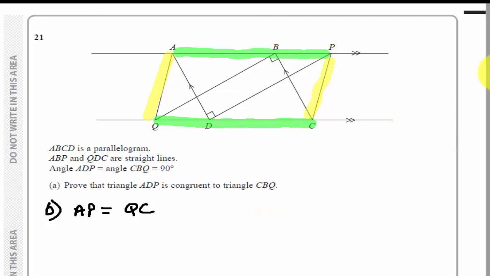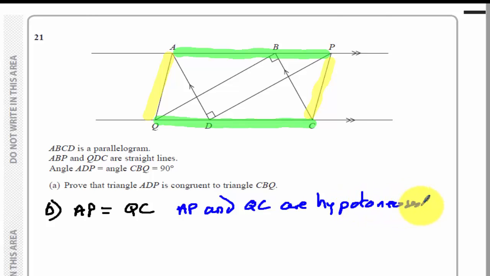I'll just put a little explanation in that AP and QC are the hypotenuses of triangles just shown to be congruent.